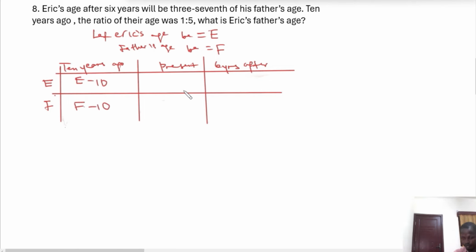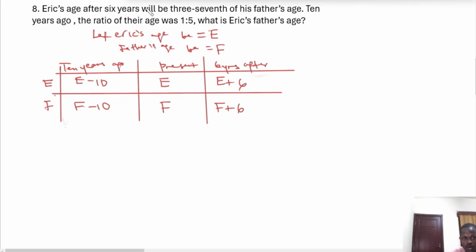The present age of Eric is E, and the present age of his father is F. We don't know, so we take it as E and F. 6 years after, Eric's age will be E plus 6, and his father's age will be F plus 6. So this is what we're going to have.